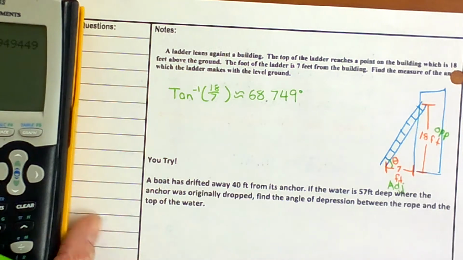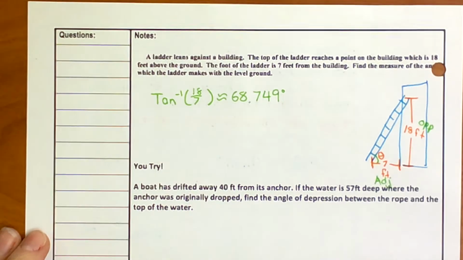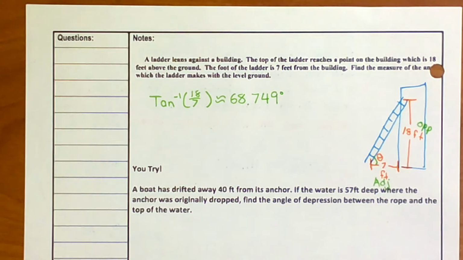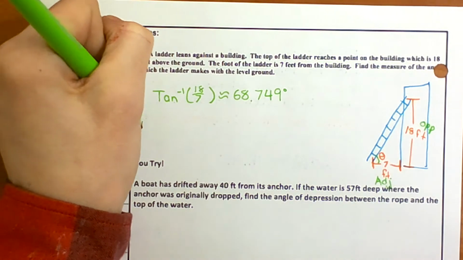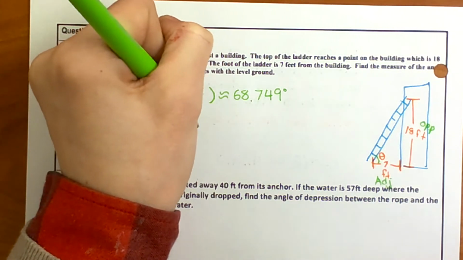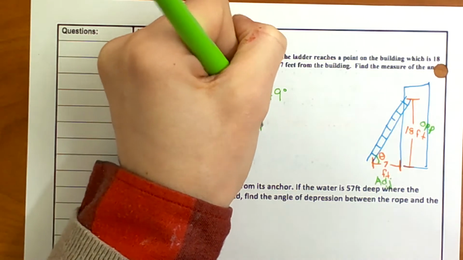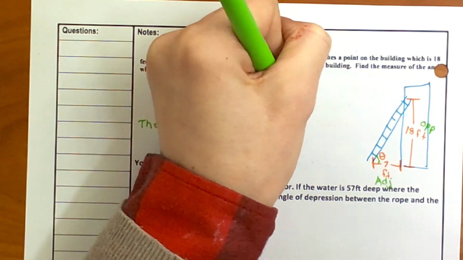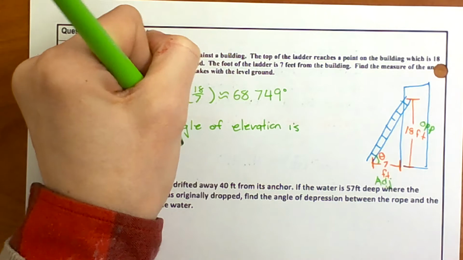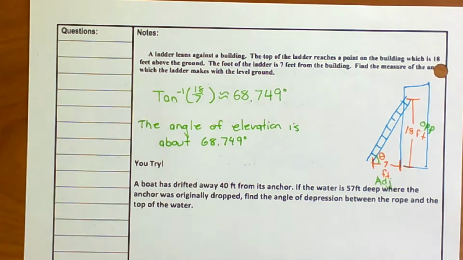Remember, this is a word problem, so it deserves a word answer. When it says find the measure of the angle at which the ladder makes with the ground, we can say the angle of elevation, so we can use some vocab words. The angle of elevation is about 68.749 degrees.